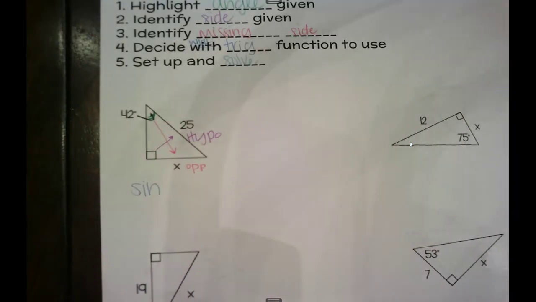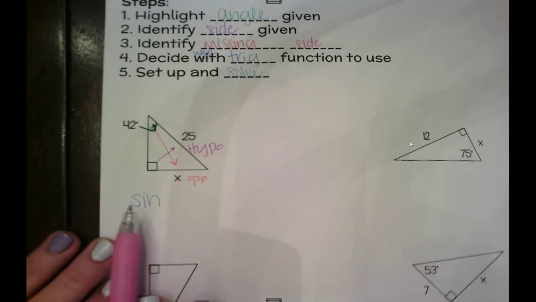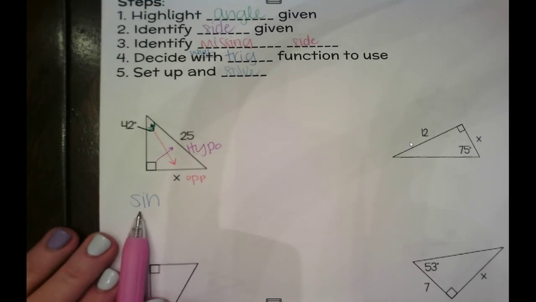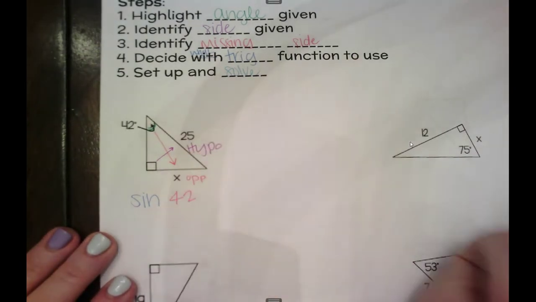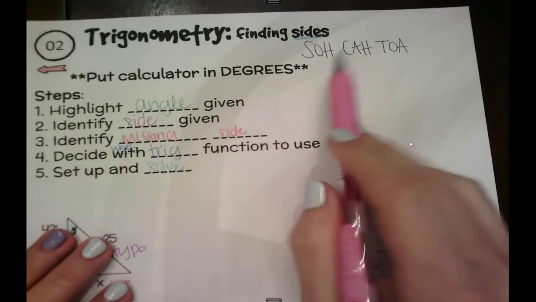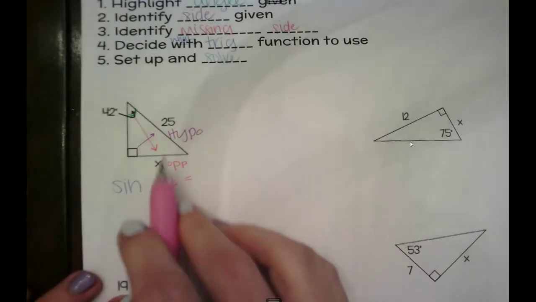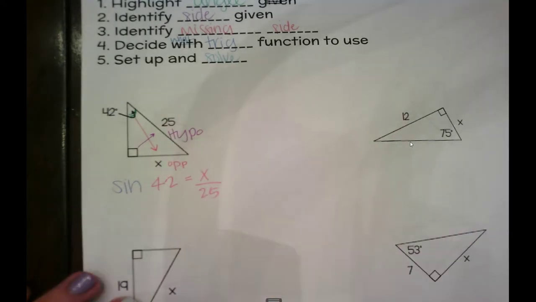Okay, and then set up and solve. We're going to solve using the help of our calculator. This is how we set it up. We say the trig function, sine, of the angle measure given equals, what is sine? Sine is opposite over hypotenuse. Opposite is x over hypotenuse of 25.